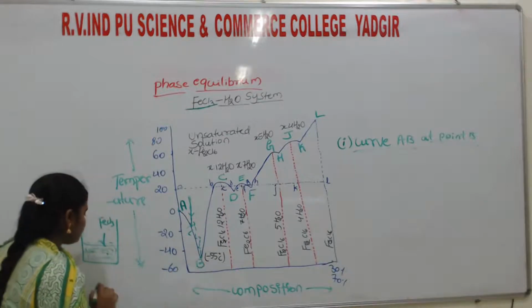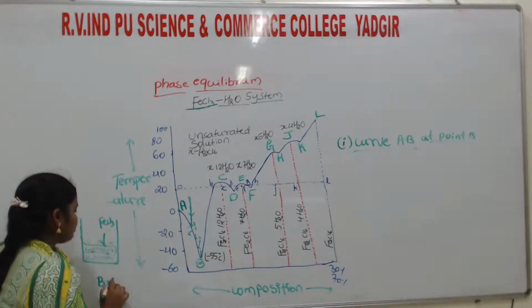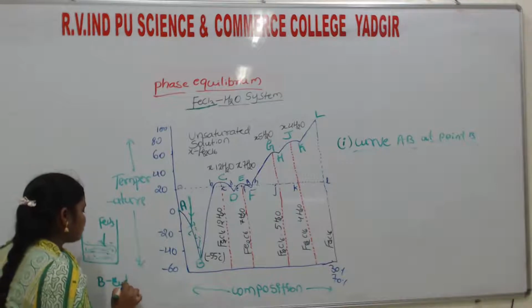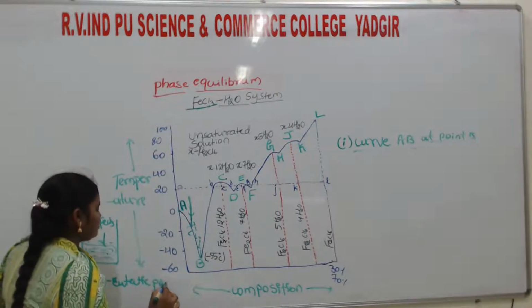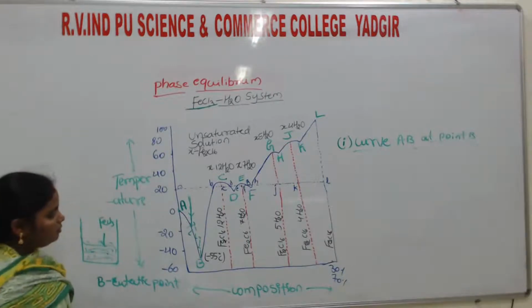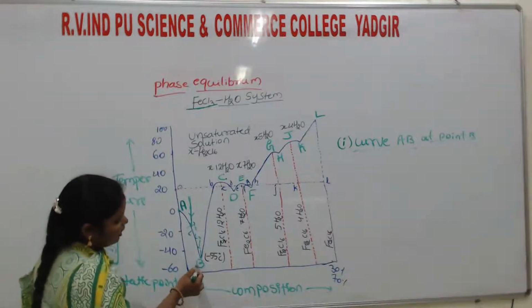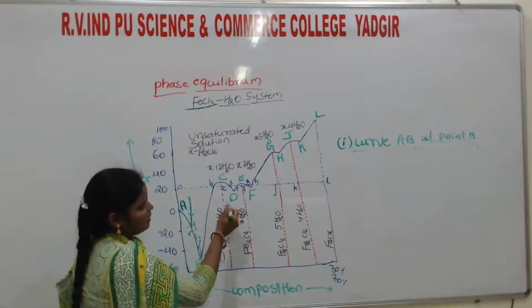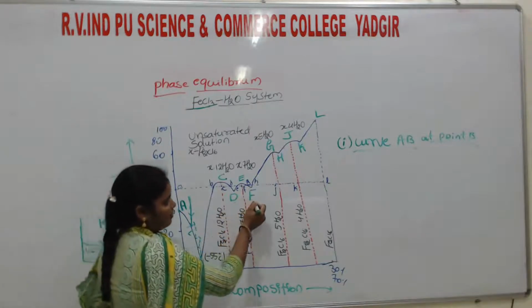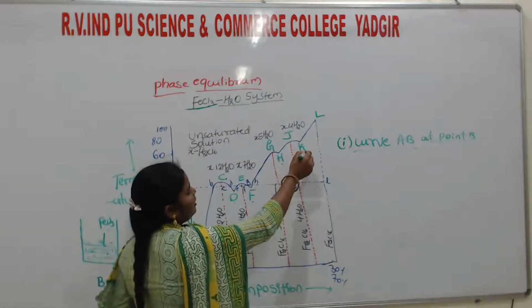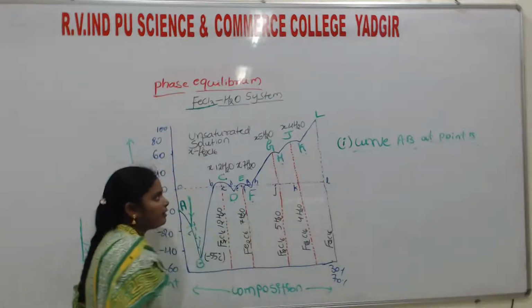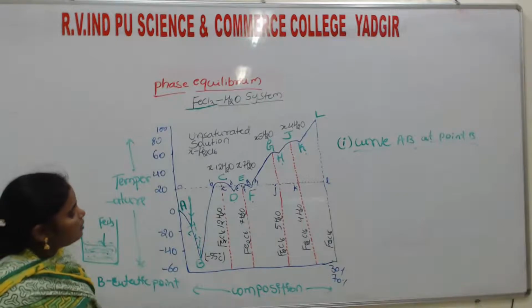This point B is known as a eutectic point. Here B is a eutectic point, D is a eutectic point, F is a eutectic point, H is a eutectic point, and K is a eutectic point.